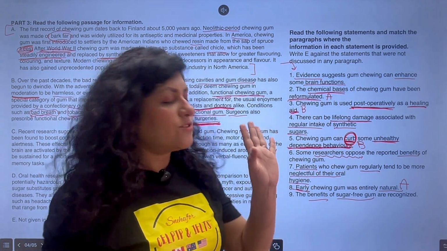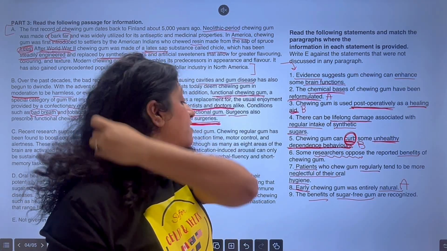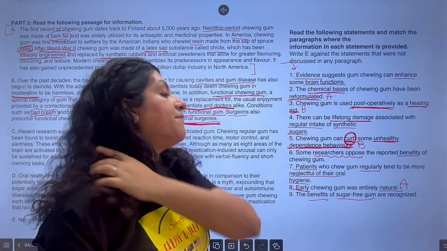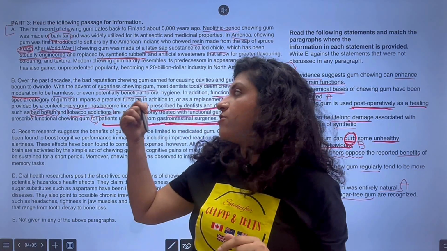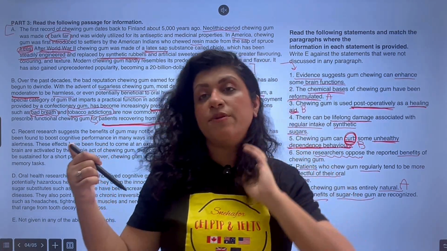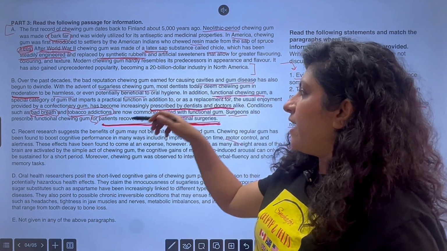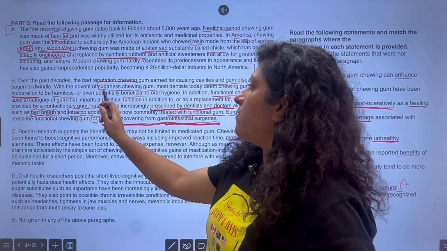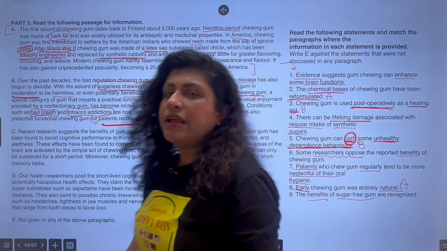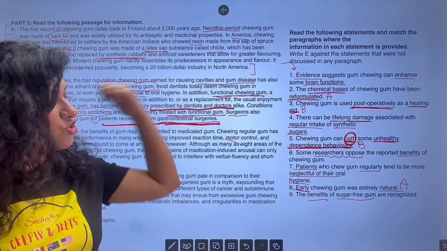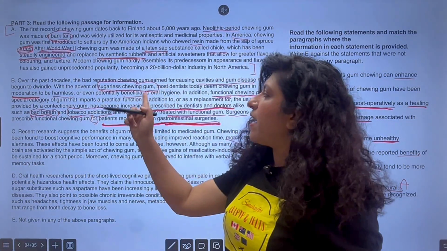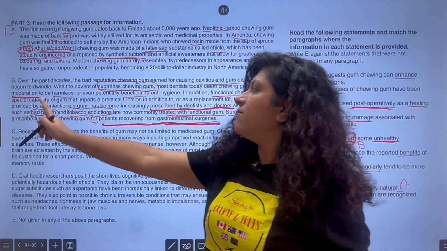8 has been already solved. 9 says the benefits of sugar-free gum are recognized. Now I know paragraph B definitely talks about benefits, right? So again, it also talks about sugarless chewing gum, sugar-free, sugarless. Are we talking about benefits? Yes. Why?